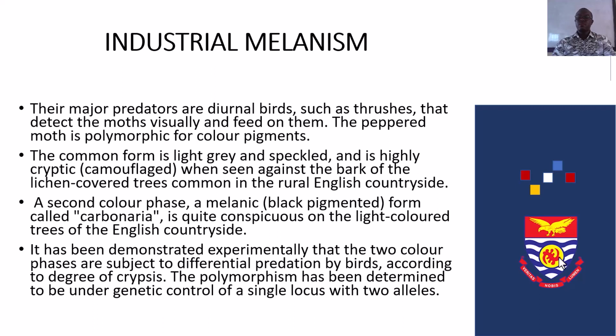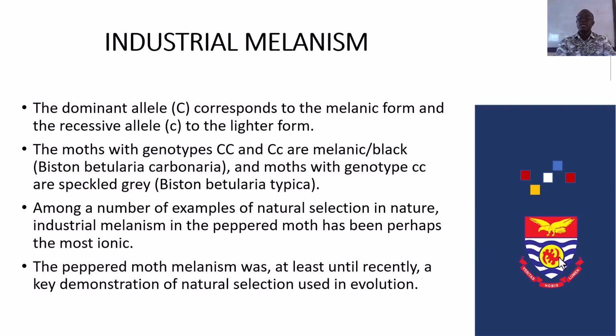According to degree of crypsis, the polymorphism has been determined to be under genetic control of a single locus with two alleles. The dominant allele corresponds to the melanic form and the recessive allele to the lighter form.